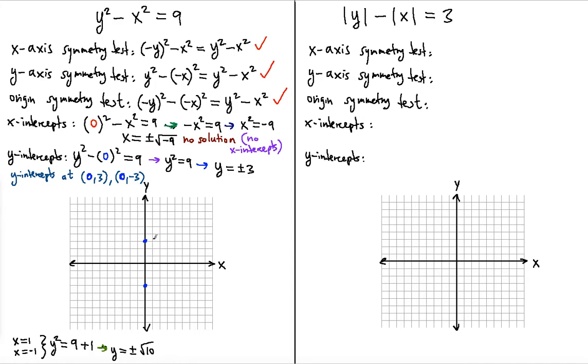So for the x value of 1, radical 10 is going to be somewhere here. And also, as we noted, for the x value of negative 1, it will be in the same vertical location. Okay, so definitely looks like the graph will be rising on both sides of this x value of 0, right? It will be rising.